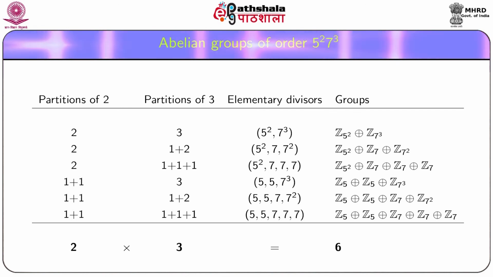Thus, since it depends on the number of partitions of 2 and the number of partitions of 3, the total number of ways for getting non-isomorphic abelian groups of order 5 square into 7 cube is 2 times 3 is equal to 6.